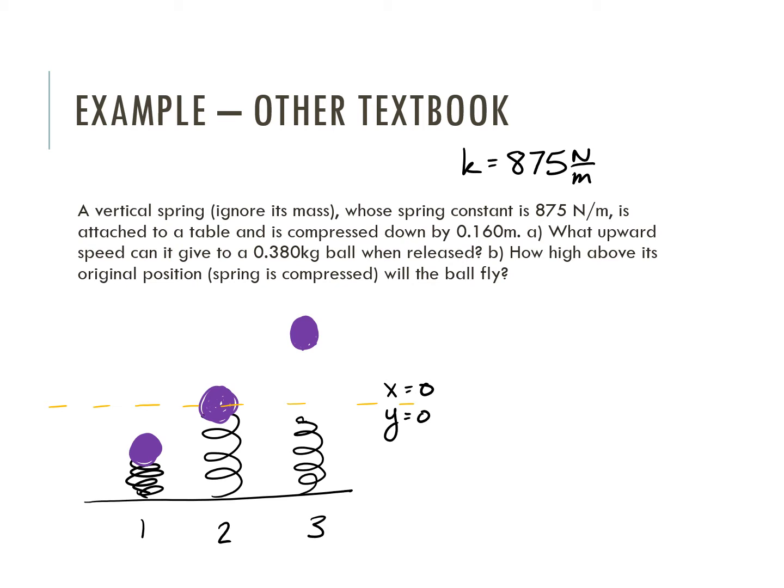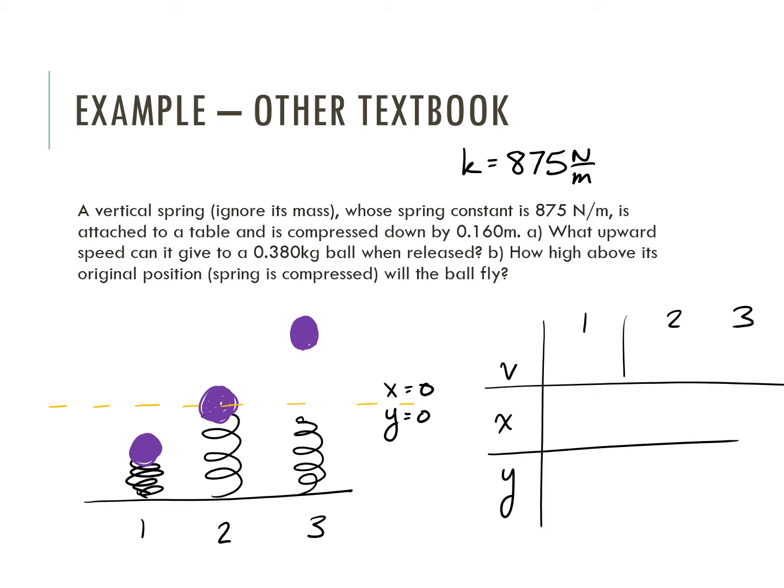When I go through and set up my table, I look at velocity, x, and y for points 1, 2, 3. You can set up your table whichever way you want. At point 1, I am taking the ball and holding it in position, so my velocity here is 0.